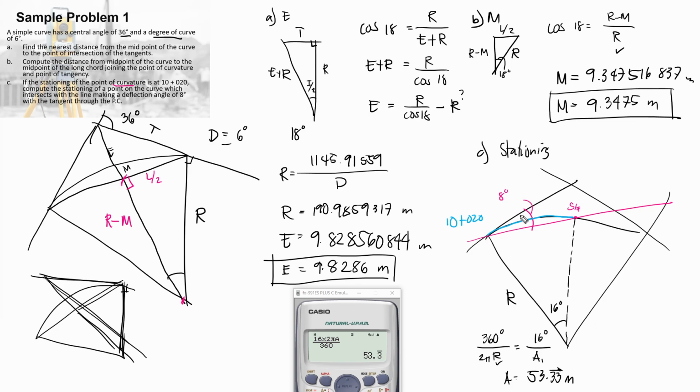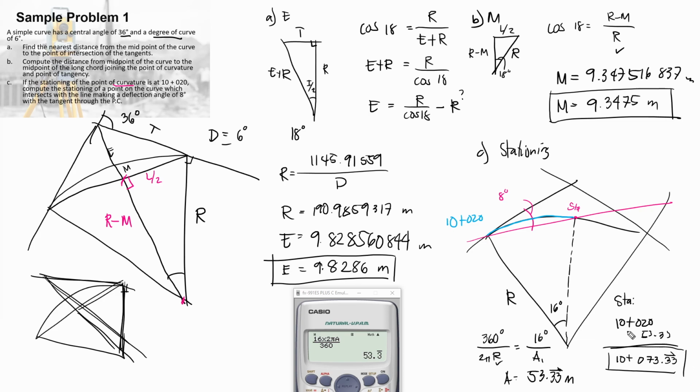Meters. Therefore, for stationing at that point, that is 10 plus 0.20 plus yung 53.33. So, therefore, yung answer natin is 10 plus 073.33.